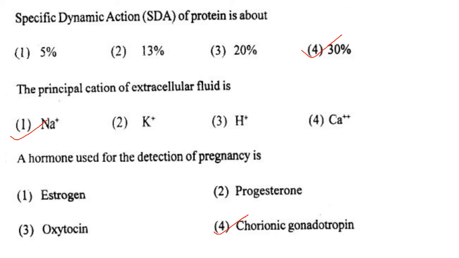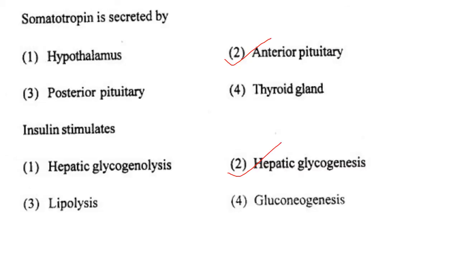Answer is option 4, chorionic gonadotropin. Next one. Somatotropin is secreted by: option 1, hypothalamus; 2, anterior pituitary; 3, posterior pituitary; 4, thyroid gland. Answer is option 2, anterior pituitary.